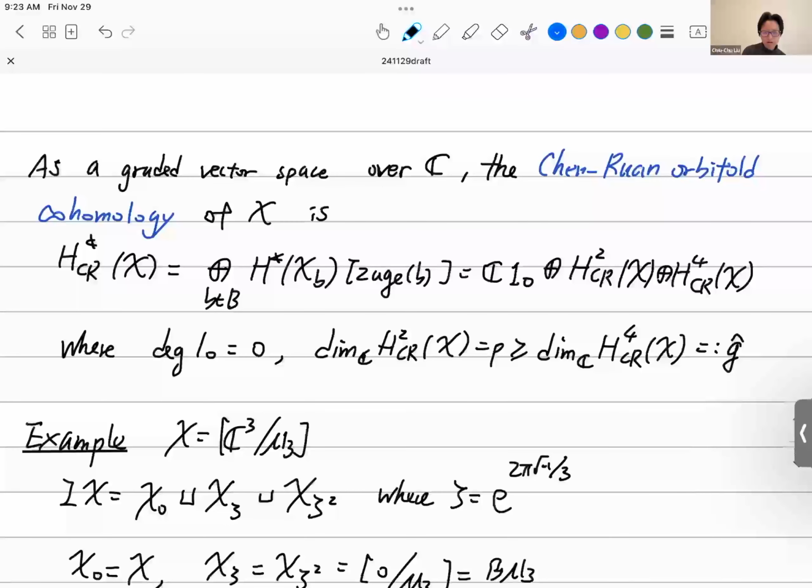If you have an age 1 element in the box, we call capital B the box, then we shift it by 2. Then we see that the degree zero part, 1_0, corresponds to the unit of the untwisted sector.